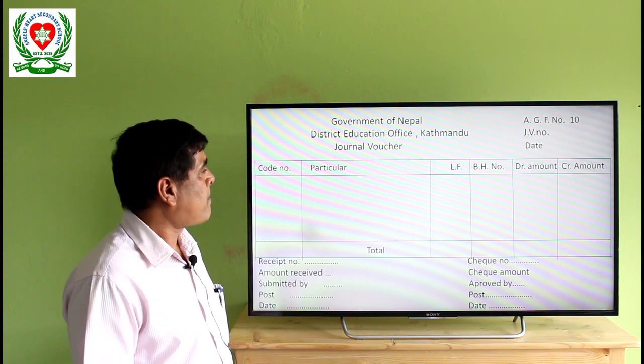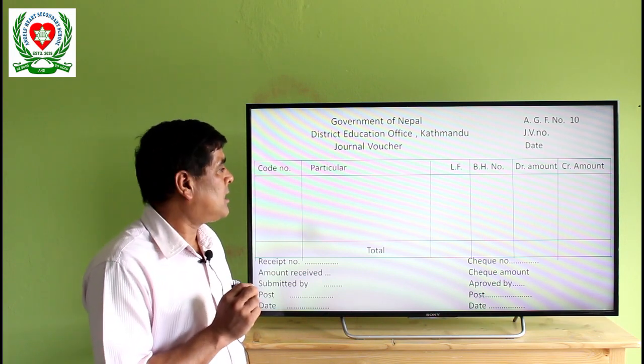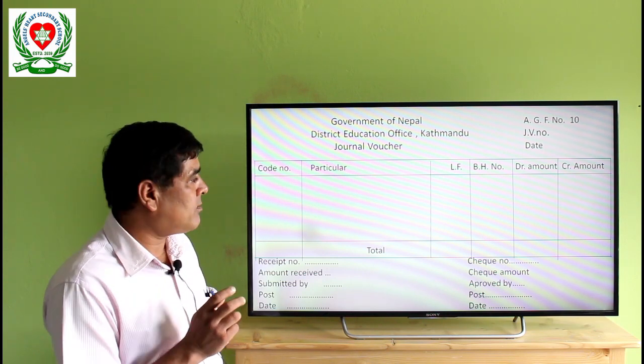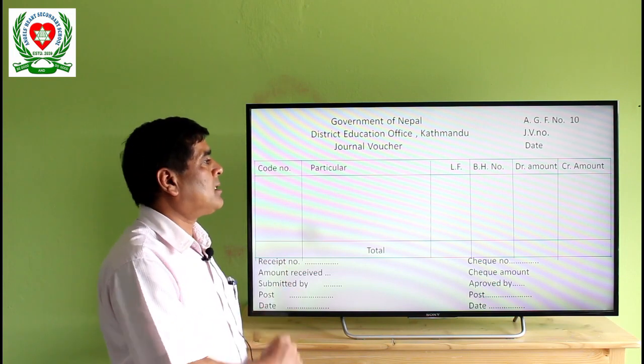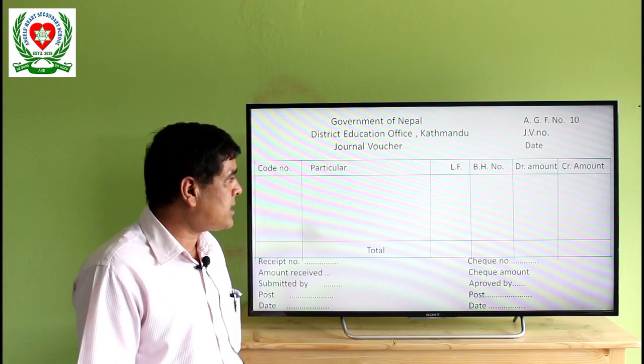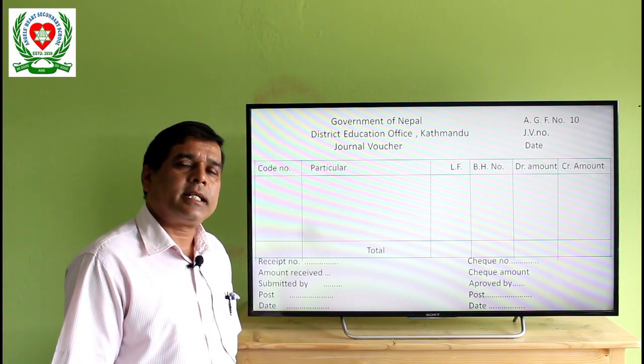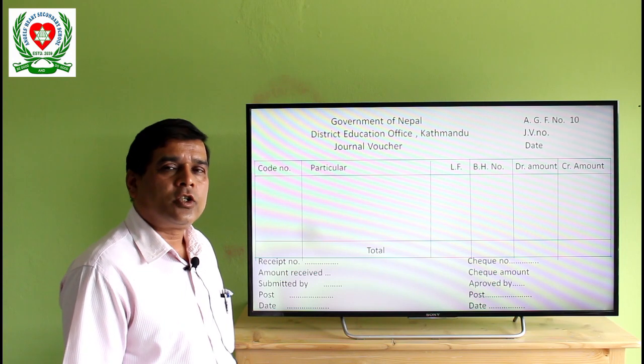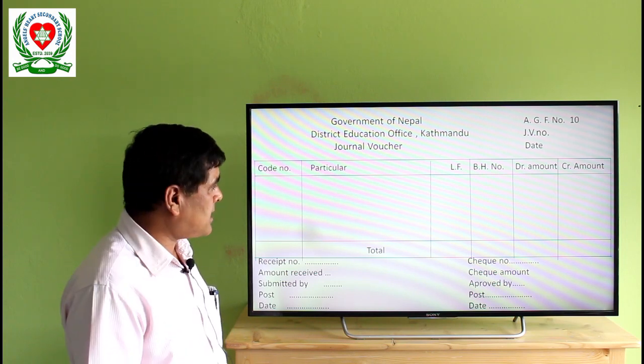We have to keep all the records of financial transactions by first making such a journal voucher in government offices. Journal voucher is the same as the journal book of business accounting.